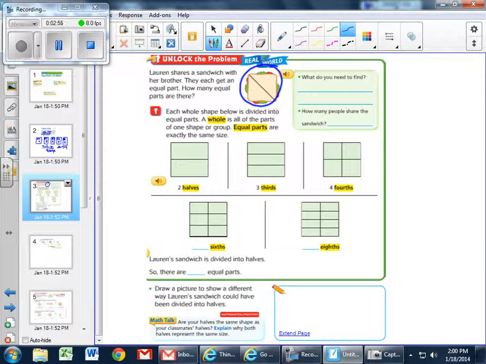We need to find out how many equal parts of the sandwich there are. How many people share the sandwich? We have Lauren and we have her brother. So 2 people.